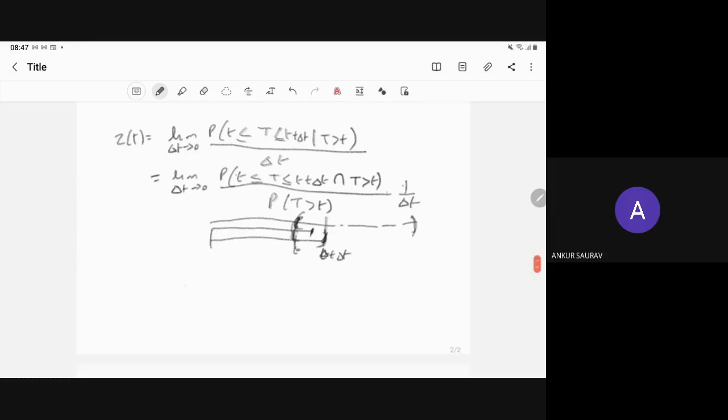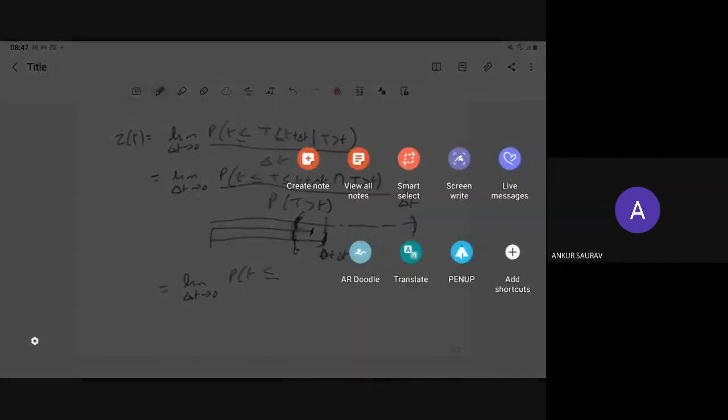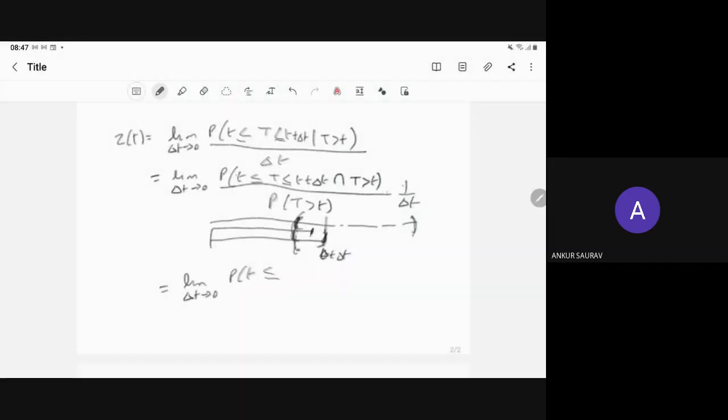So this can be written as the limit as delta t tends to 0 of the probability that t is less than or equal to capital T less than or equal to t plus delta t, upon the probability that T is greater than t, and 1 upon delta t.